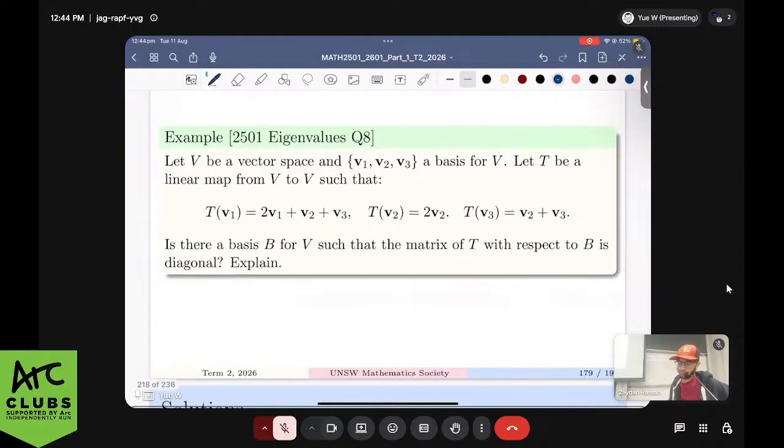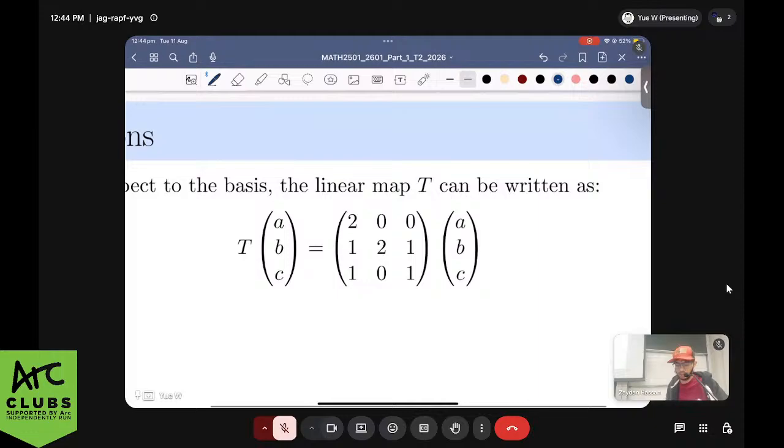Okay, so we won't go through this example, but this is just asking, is this linear map T diagonalizable? What does that mean? You need to show that it has a basis such that the matrix is diagonal with respect to that basis. Well, if you just use this basis here, you'll get this. This is not diagonal, right?